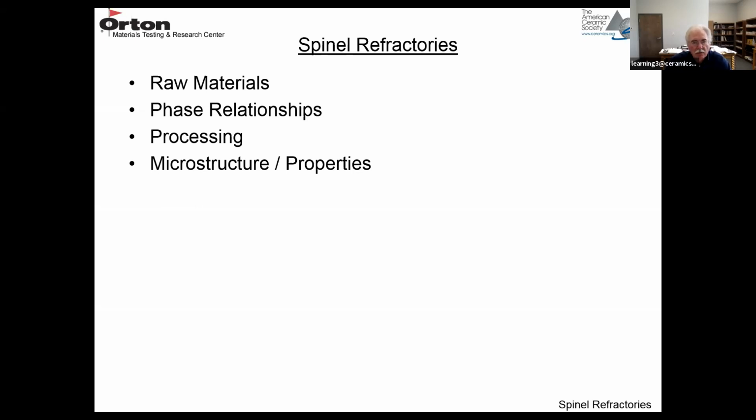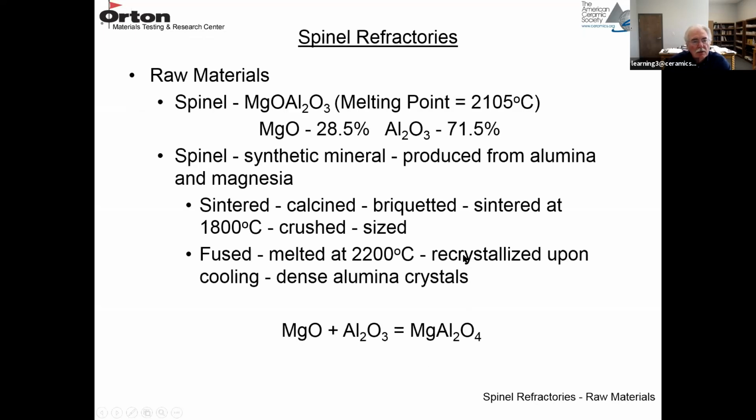And we mentioned spinel refractories, or we mentioned spinel phases in other refractories. So by itself, just like phosphorite, it is a viable refractory material. So the raw material for spinel is MgAl2O4, a melting point of 2105 degrees C, which is about 28.5% MgO and 71.5% Al2O3.